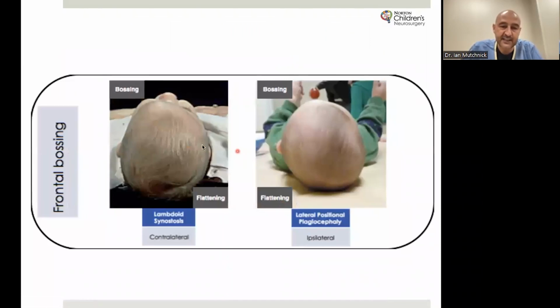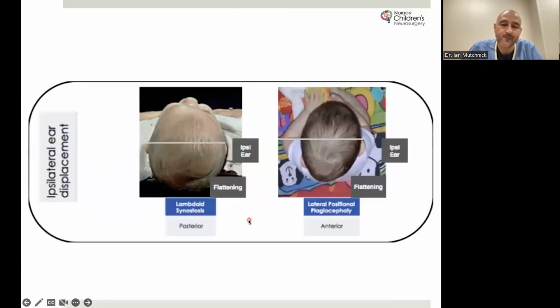We're looking at the head, lambdoid synostosis. It's flat over here, and it's a contralateral bossing. Here, it's flat here, and it's an ipsilateral bossing. With a lambdoid synostosis, there's flattening here, and this ear is behind this guy. Here, it's flattened here, and this ear has been moved forward.